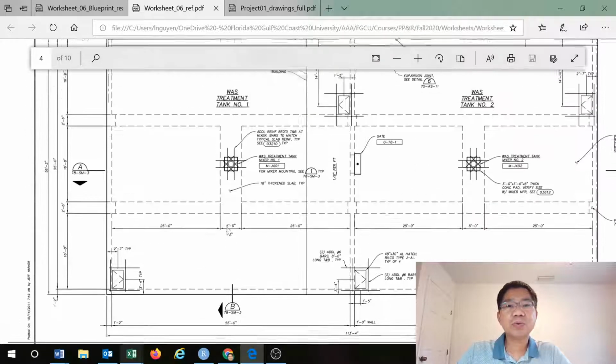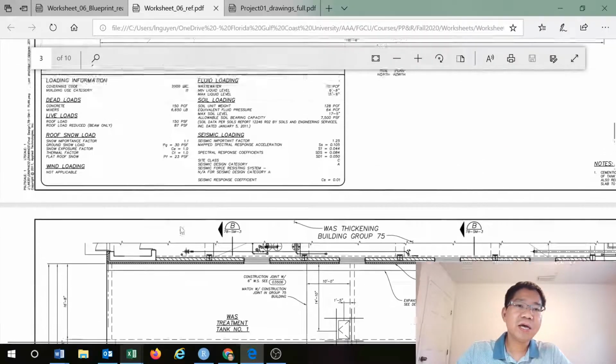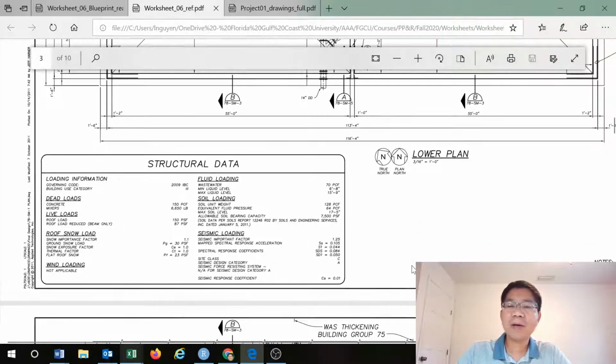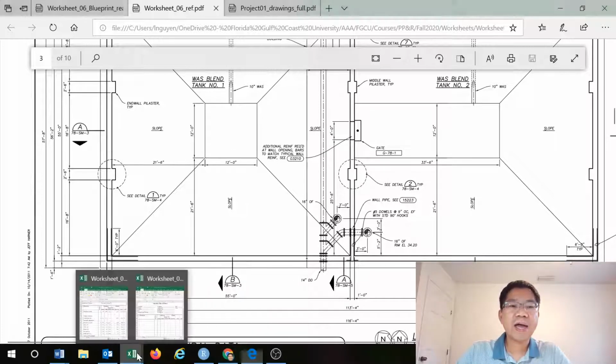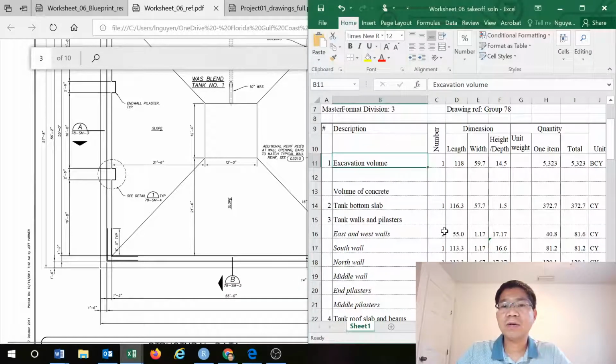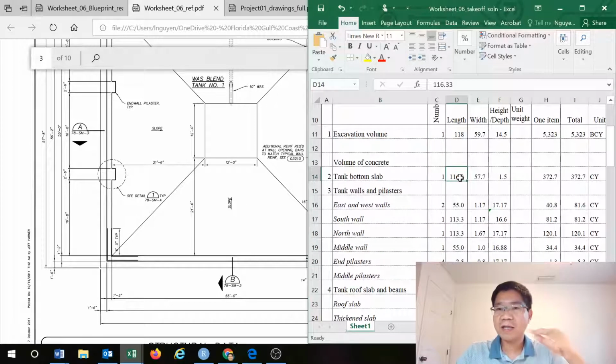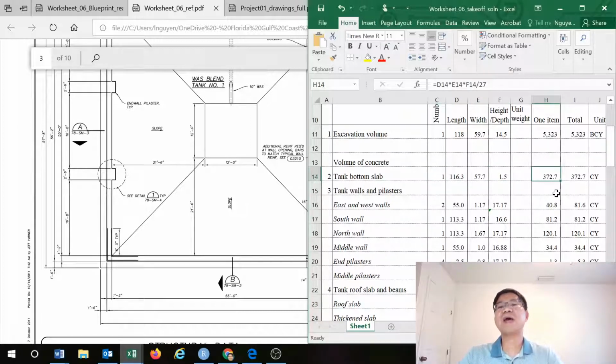Then we go to the plan view for SM1 or 2, where you can see the width about 56 and the length 116. So for the bottom we have length 116, the width, and the thickness basically 1 foot 6 inches. For the one item of bottom slab, we can find the volume with the equation, multiplying these three lengths, and that is in cubic yards.